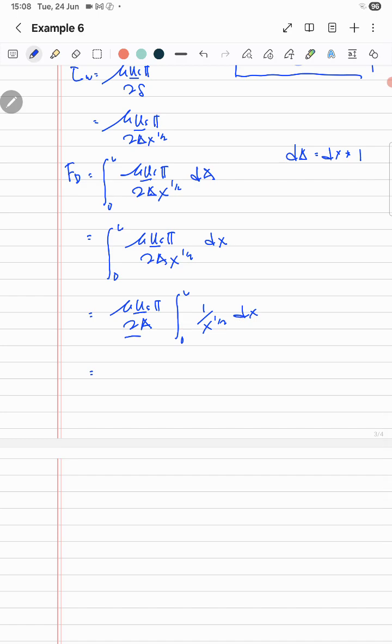When we solve this integration, we have mu us pi over 2a times 2 x to the power of 1 over 2, from 0 to L.